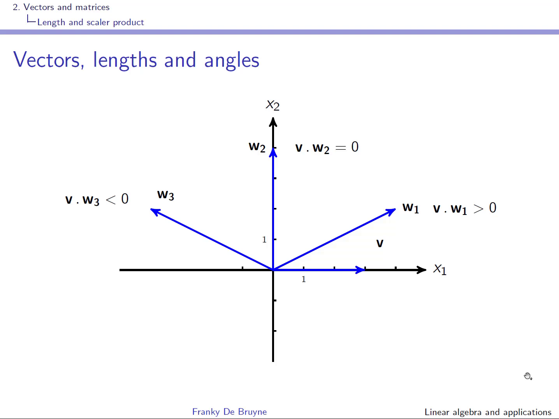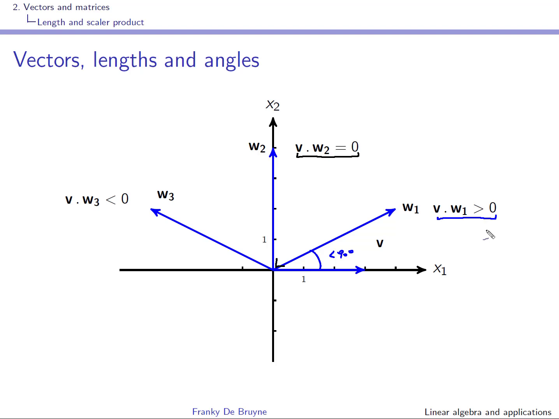So we know that if the angle between the two vectors is 90 degrees, then the scalar product is 0. Okay, so this is indicating that the two vectors are perpendicular. If the angle between the two vectors is smaller than 90 degrees, the angle is acute, then the scalar product of the two underlying vectors is positive.